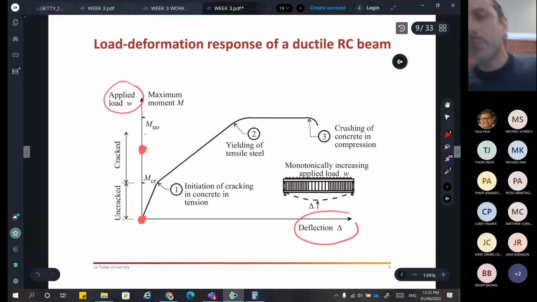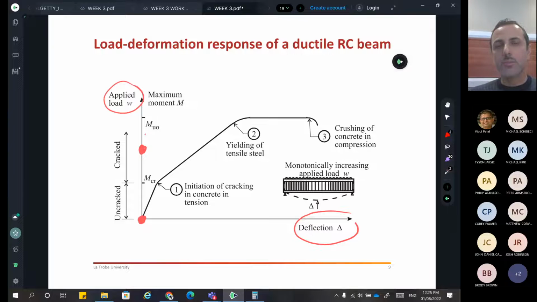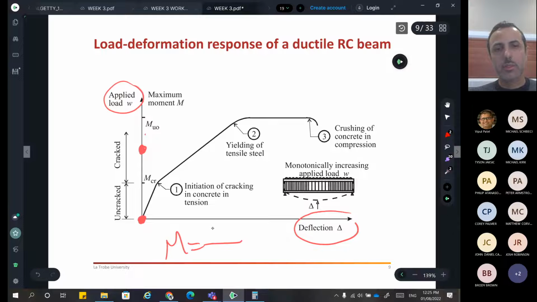By the time the slab carries its own weight, there's no live load, because obviously nobody will be standing on a slab by the time you strip it off. Maybe construction people will be there, that's fine, but I'm talking about the load and eventually the bending action. Load causes bending. For example, M is equal to, what was the formula?